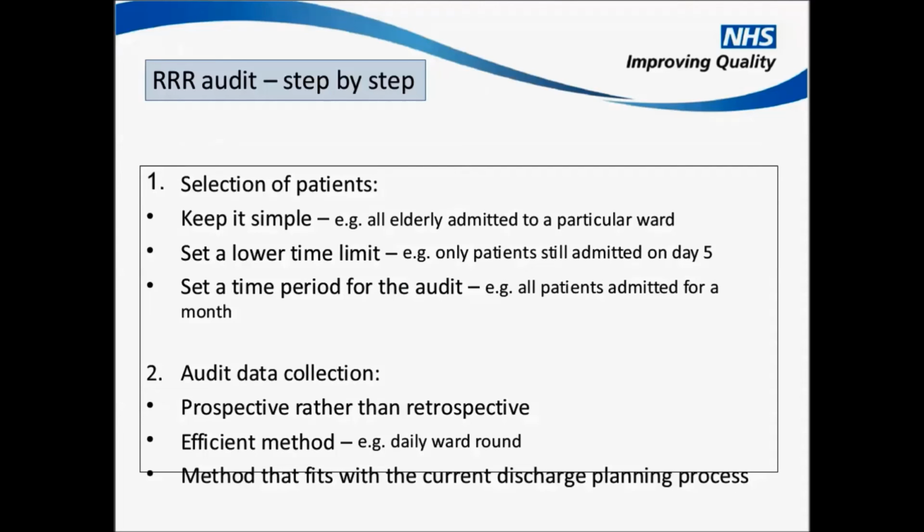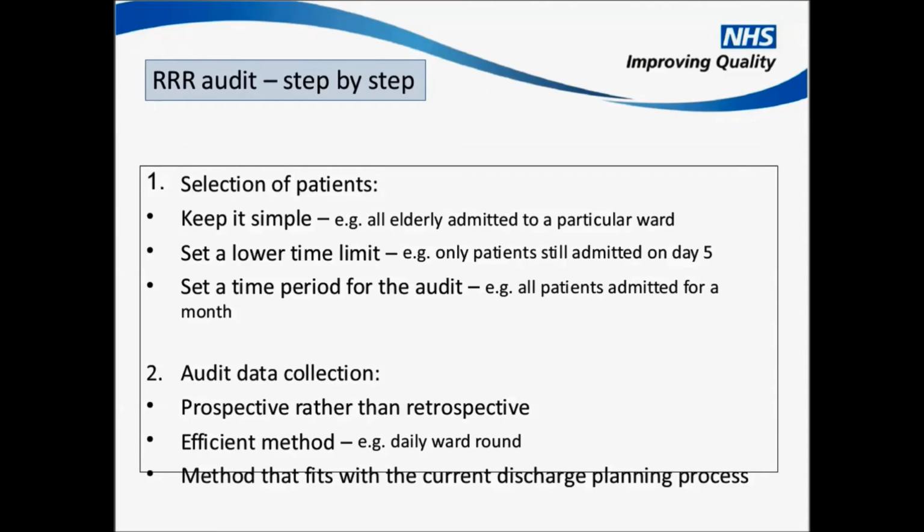So in terms of selecting patients, these are the three key things that the early implementers came up with. Firstly, that it needs to be kept simple. For example, as I mentioned, one of our early implementer sites selected all elderly patients admitted to a particular ward, and that made it very easy to identify the group of patients you were going to audit.